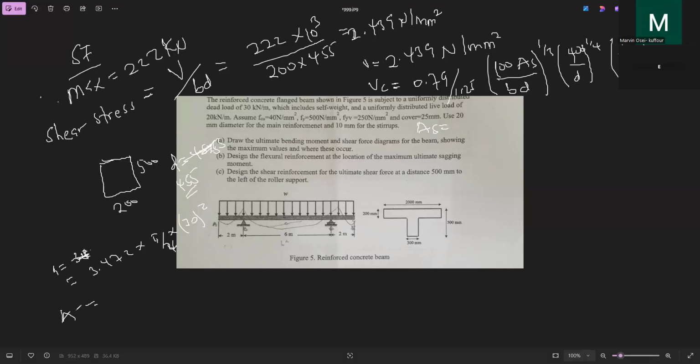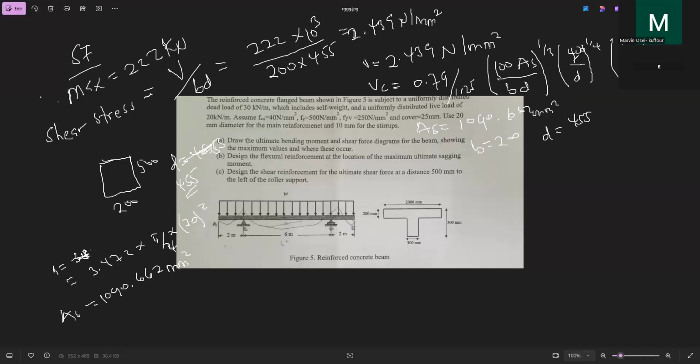Yeah, it's 1090.662 millimeter squared. So let's put that here. And then our B, we already know is 200. And our D, effective depth, is 455.